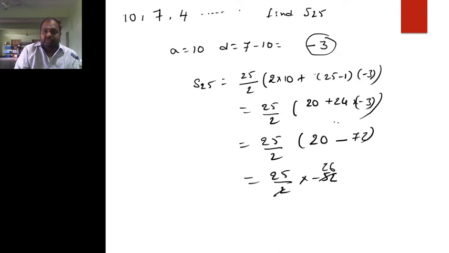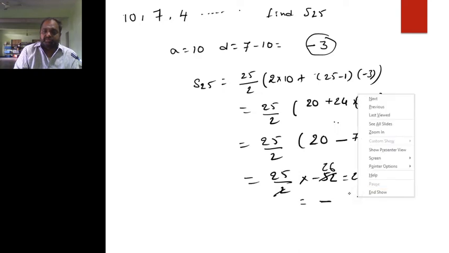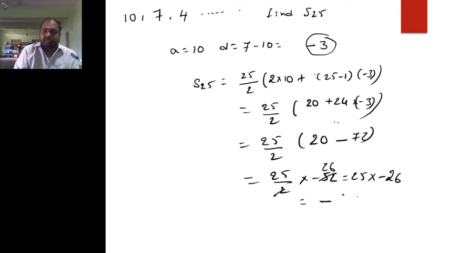2 cancels, 2 26s are 52, so that means 25 into minus 26, okay? So what is the answer? Plus into minus is minus, 25 into 26, minus 650.